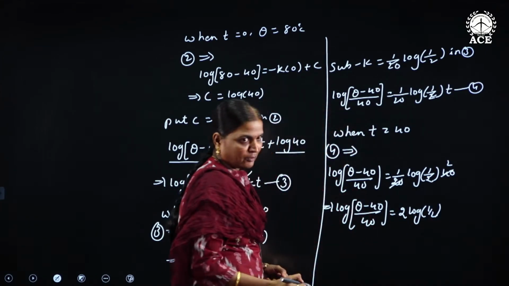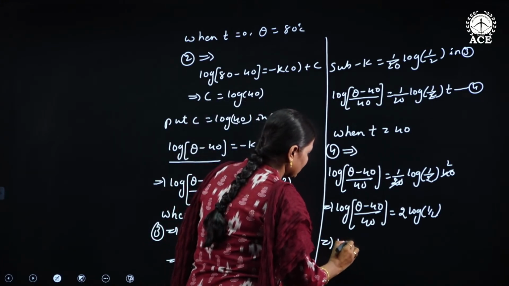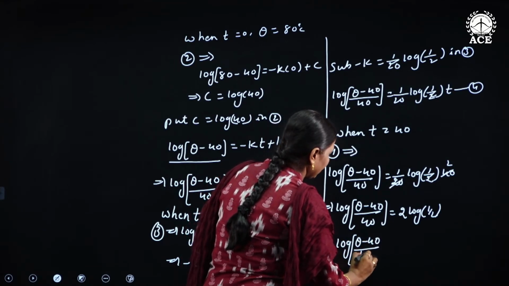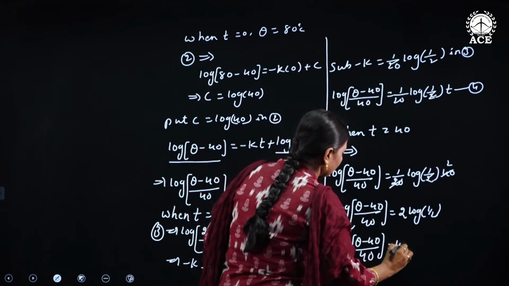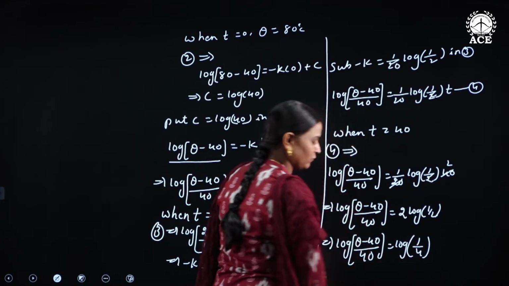But 2 into log of 1 by 2, a log b is equal to log of b power a. So how to write? Log of (theta minus 40) by 40 is equal to log of (1 by 2) whole square, that is equal to 1 by 4.